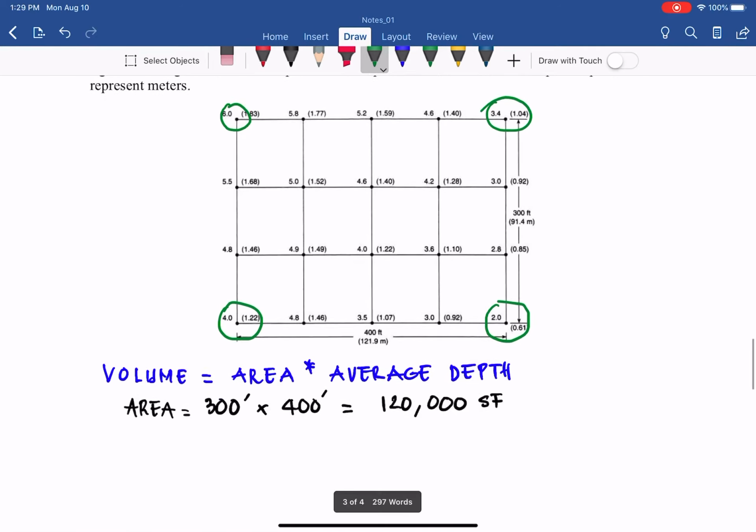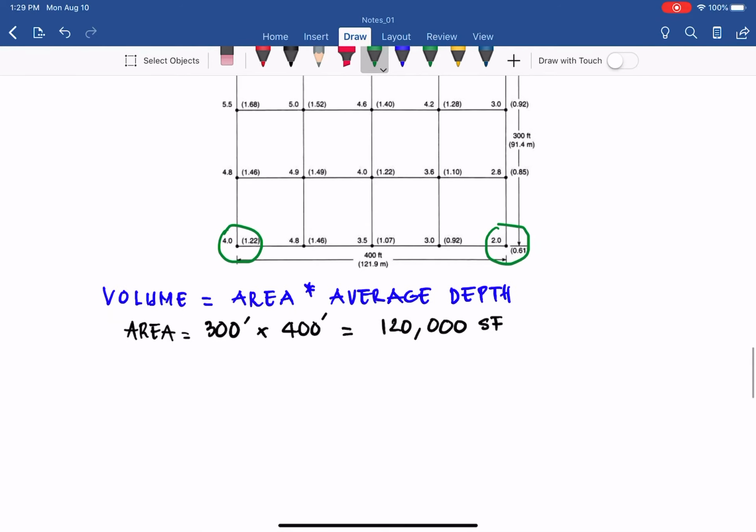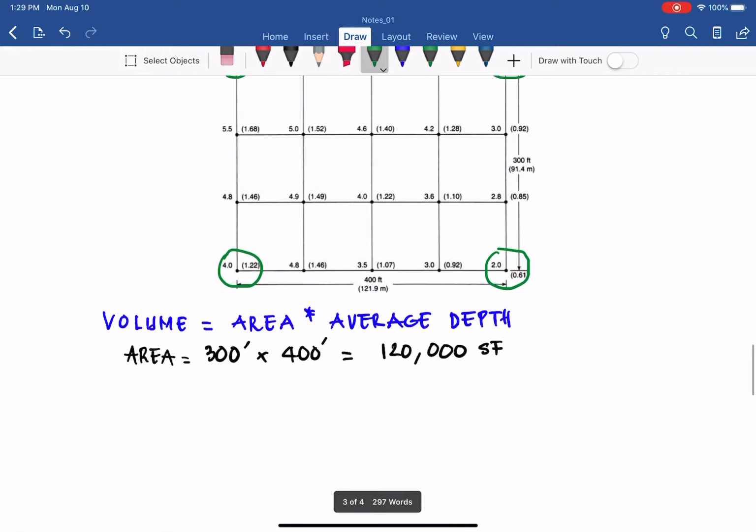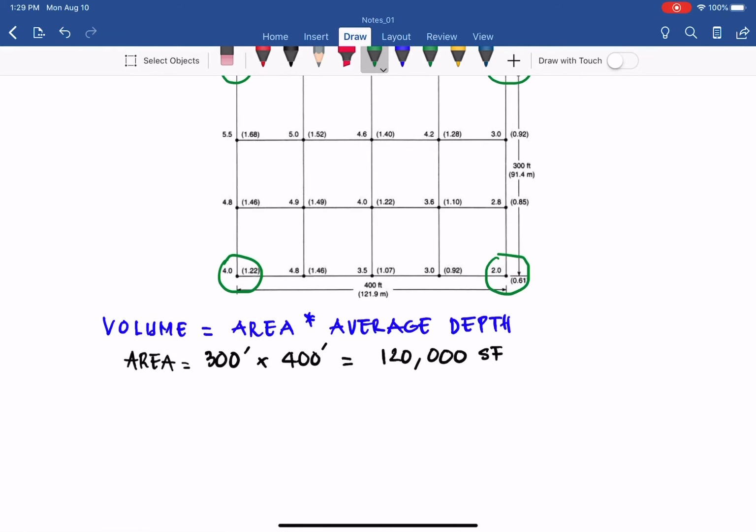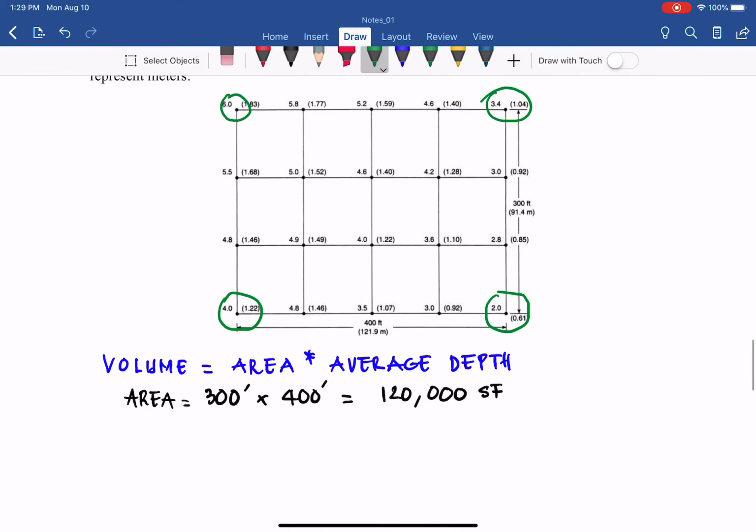Corner points. Those points, we need to find out the total depth of those corner points. So the first one, as you can see, is a corner point.